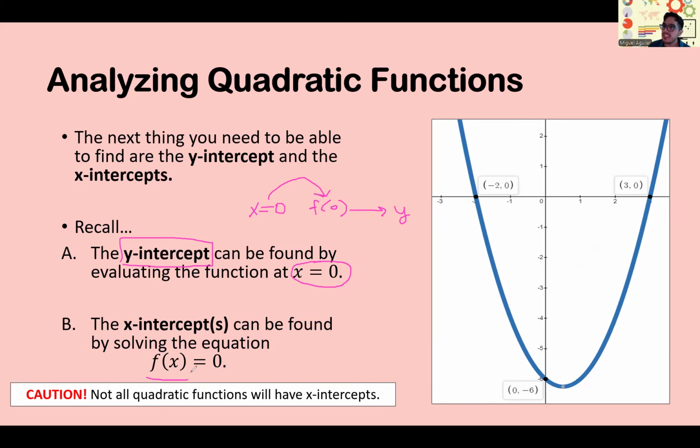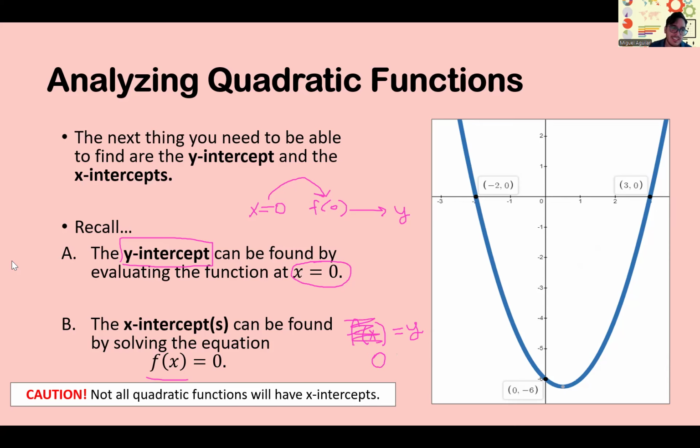We have f of x equals this, g of x equals that, but we haven't had a y in a while. What you have to remember is that the function name, f of x, is the same thing as y, okay? So I'm going to replace this whole thing with 0 and then solve an equation, okay?